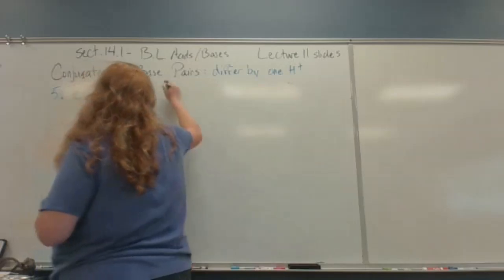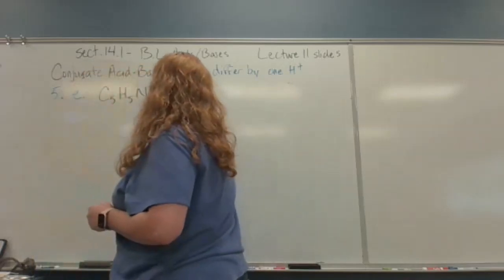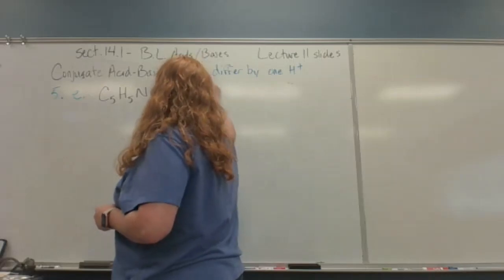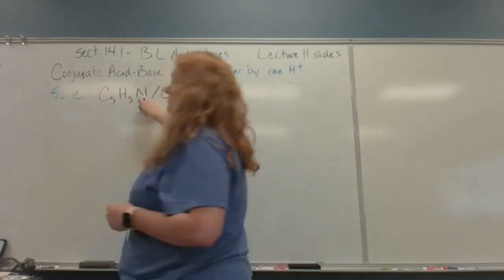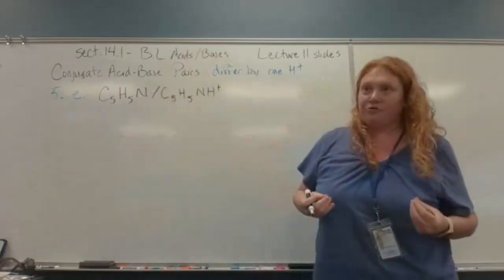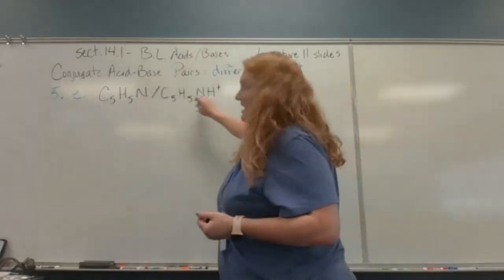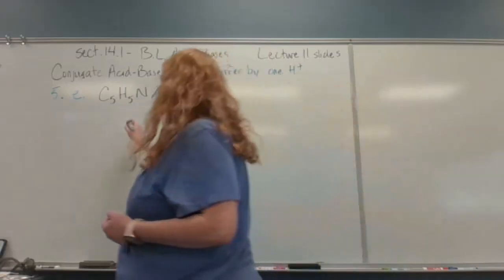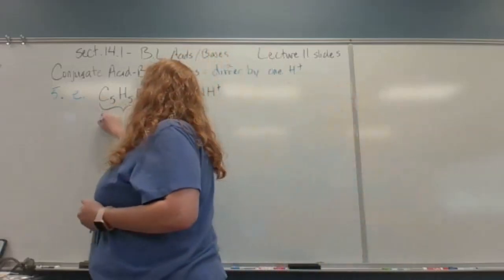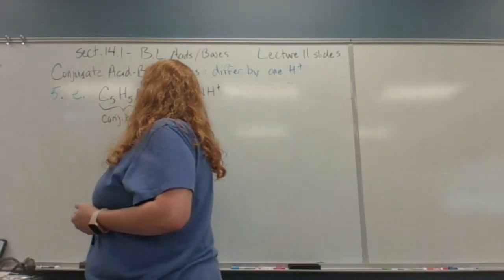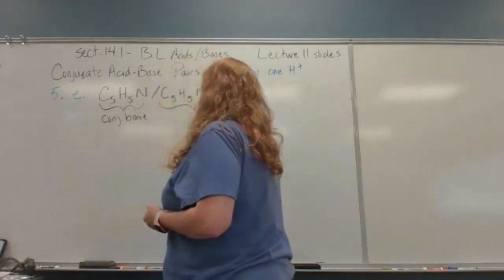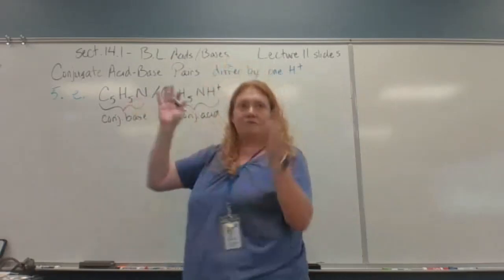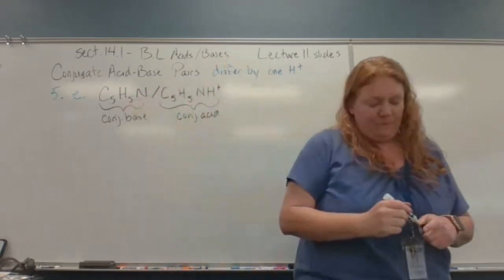Well, again, the base is the one between the two formulas that can take a proton, and the acid is the one that has a proton that it can give. This is the conjugate base, and this is the conjugate acid. That's the pairing.